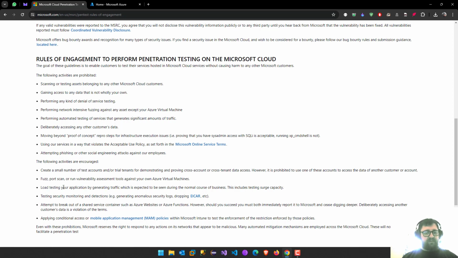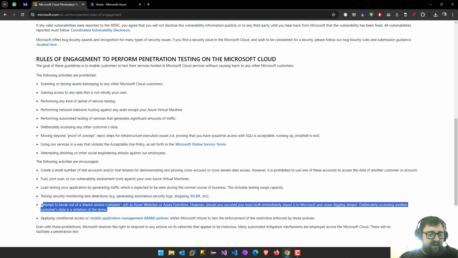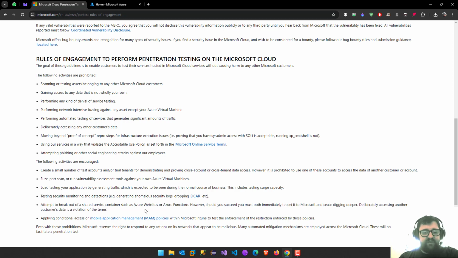Okay, load testing your application by generating traffic which is expected to be seen during the normal course of business. This includes testing surge capacity, testing security monitoring and detections, for example generating anomalous security logs, dropping EICAR, etc. Attempt to break out of a shared service container such as Microsoft websites or Microsoft Azure Functions.